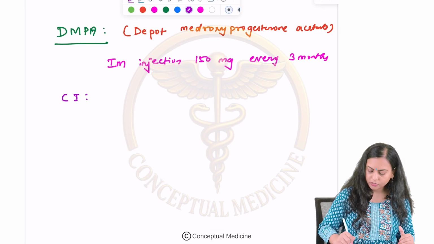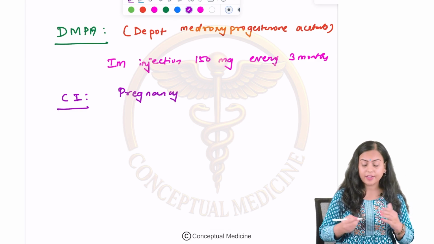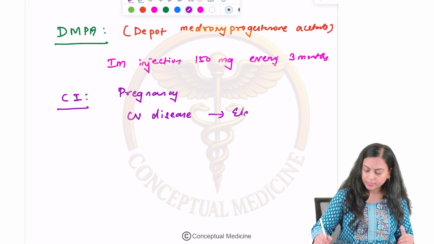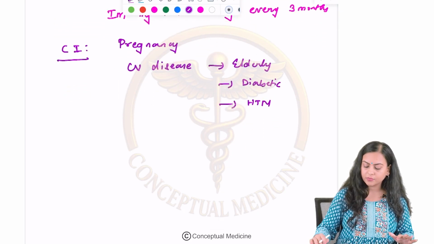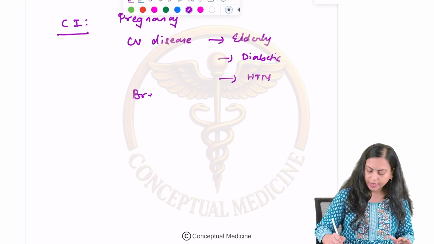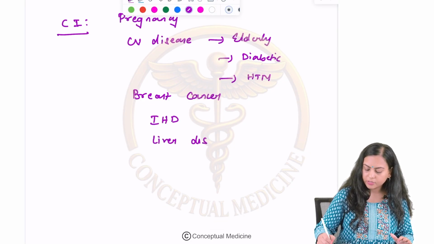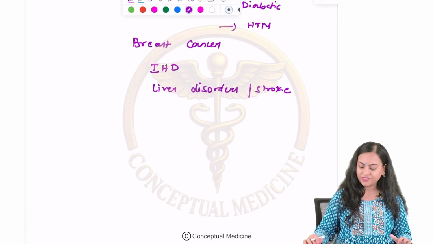So the contraindications of giving this injection include pregnancy, when there are multiple risk factors like cardiovascular disease, okay, when they are elderly, diabetic, or she is a known case of hypertension like that. So in that case we have to avoid. Then obviously we have to avoid giving it during breast cancer, ischemic heart disease, or liver disorders, or she had a history of stroke. Clear?